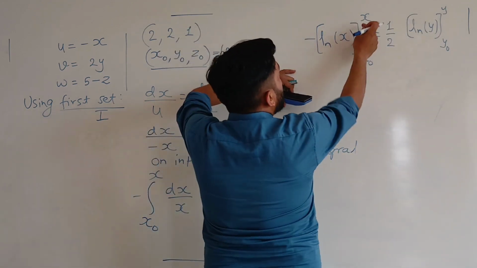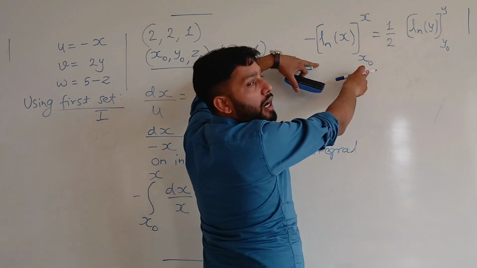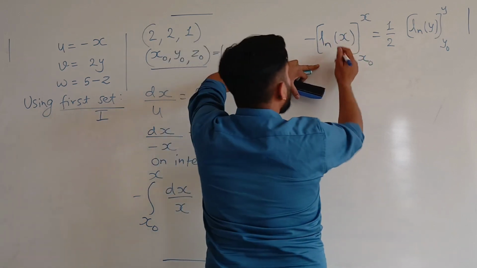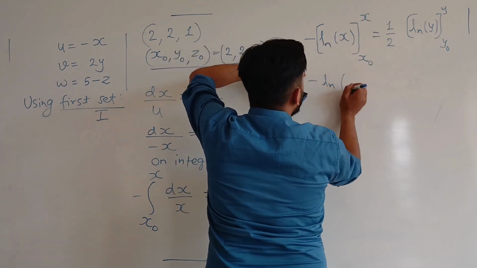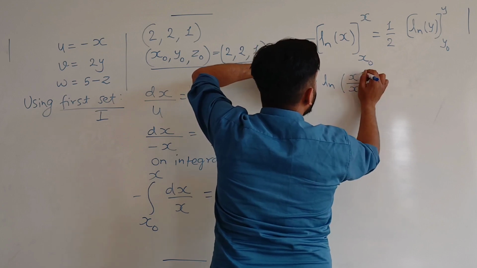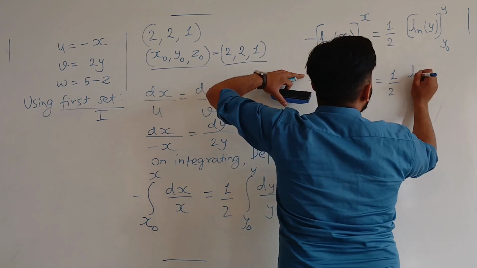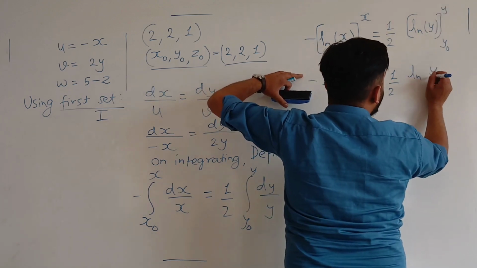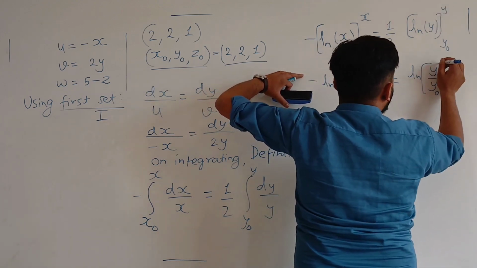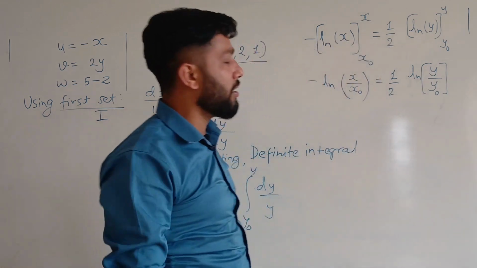Now ln x minus ln x naught is ln of x divided by x naught. I have directly written ln of x divided by x naught after putting the limits, and 1 by 2 times ln y minus ln y naught, which is ln of y divided by y naught.